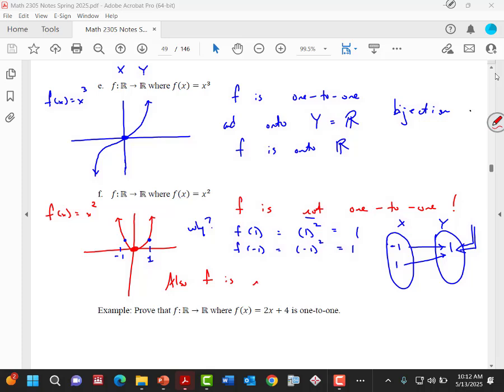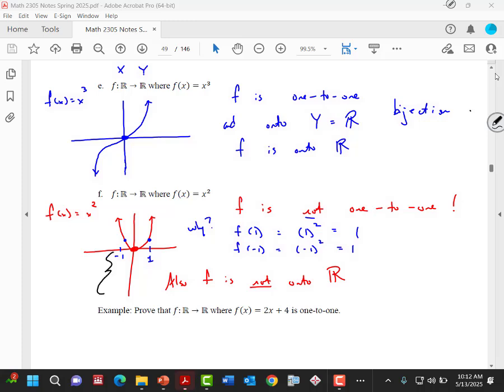Also, f is not onto R. Why is that? What does it mean when I say that it is not onto R? Well, what I'm simply saying is there's no way to get negative numbers as outputs for this function.